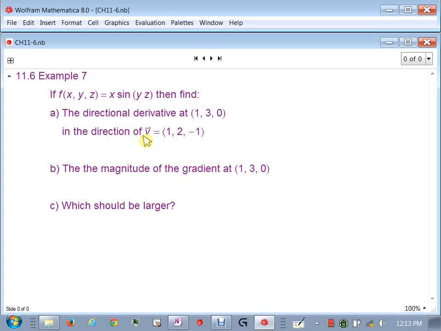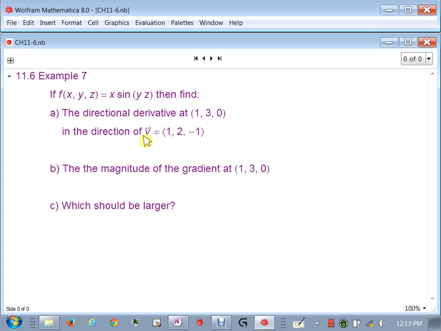Can you answer part C yet? B should be larger, right? Because the largest directional derivative you'll ever get is the magnitude of the gradient at that point. There's no directional derivative that'll be bigger. So part B should be the larger one.